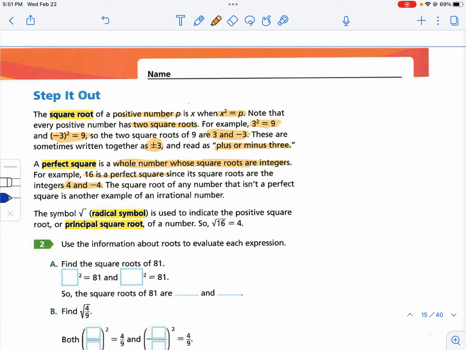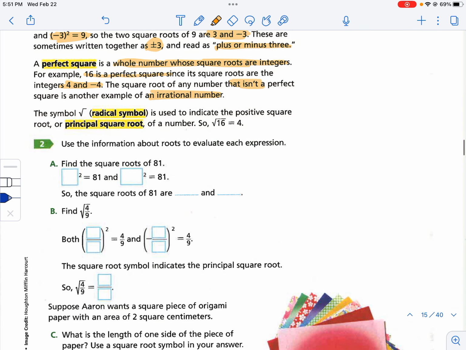The square root of any number that isn't a perfect square is an irrational number. This symbol is called a radical symbol. It is used to indicate the positive square root, or the principal square root, of a number. So the square root of 16 equals 4.